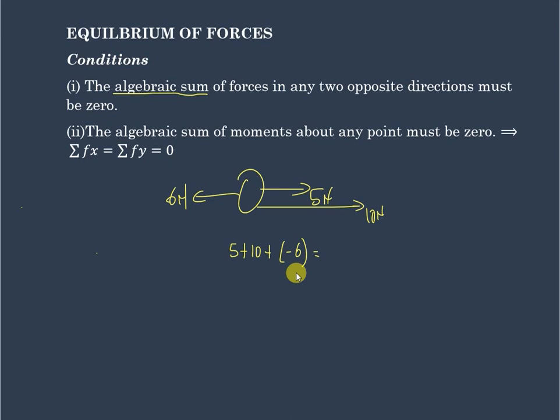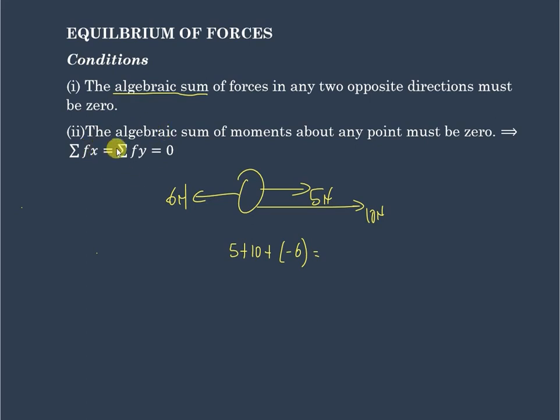So the algebraic summation contains some directions being positive, another being negative. It means that the sum of forces in one direction is equal to the sum of forces in the opposite direction. That is what we can say about this condition.